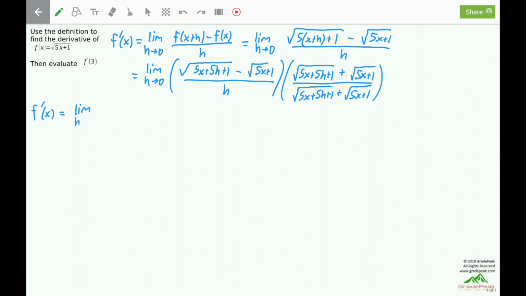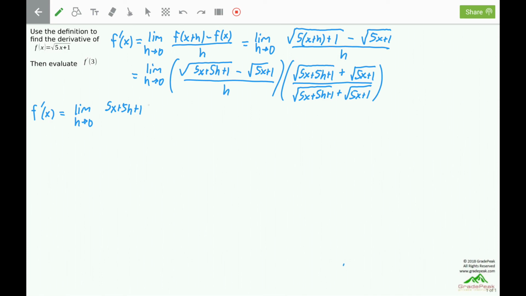Since the root conjugate pair is in the numerator, we're going to FOIL out the numerators. The first is the root of 5x plus 5h plus 1 times the root of 5x plus 5h plus 1, which is going to be 5x plus 5h plus 1. The outside is the root of 5x plus 5h plus 1 times the root of 5x plus 1.